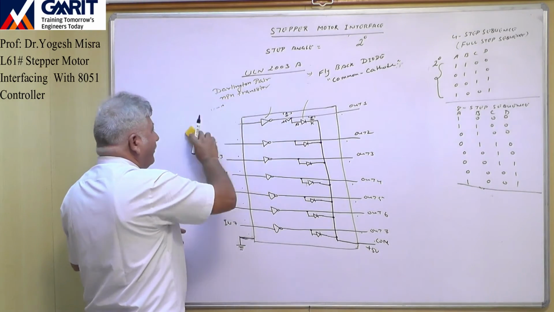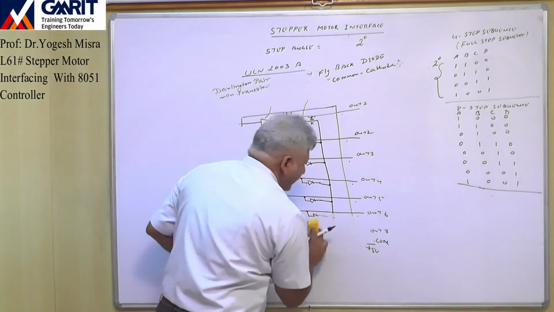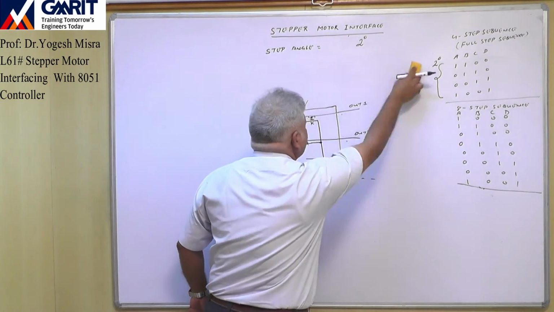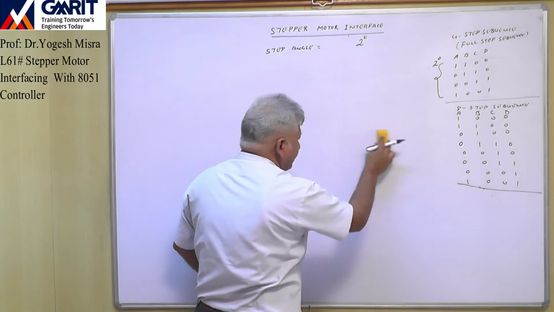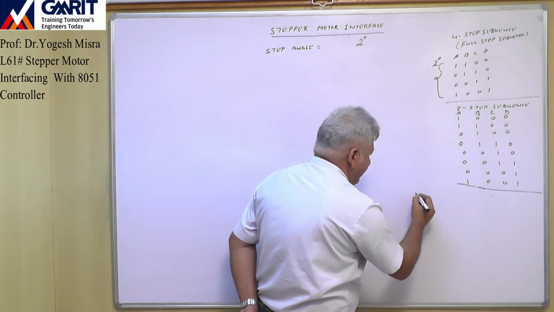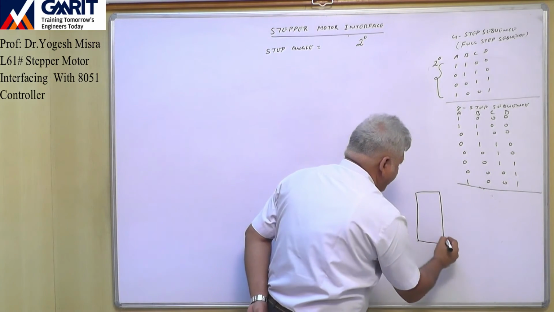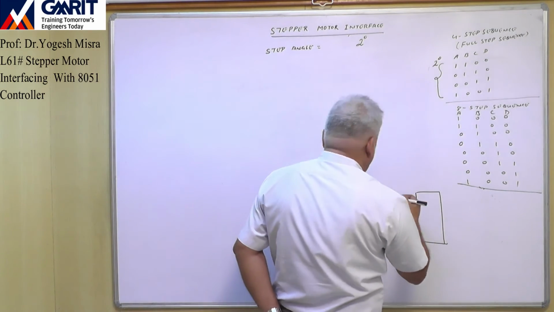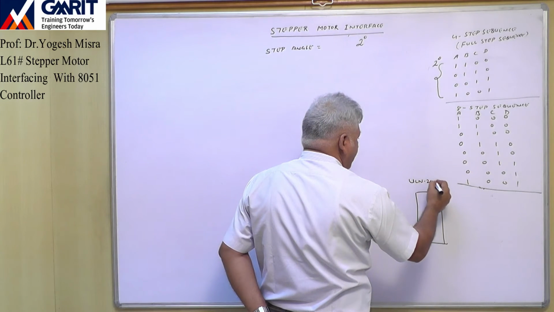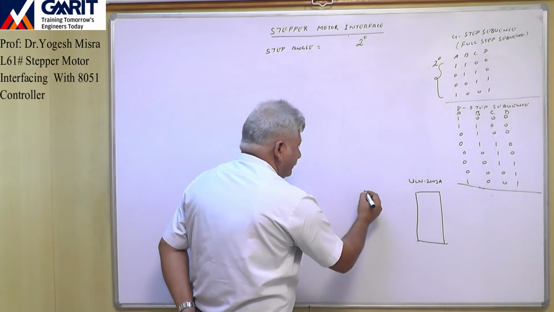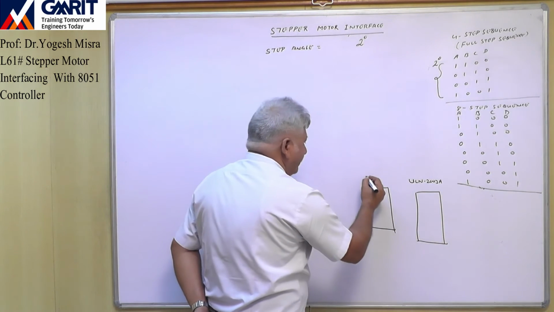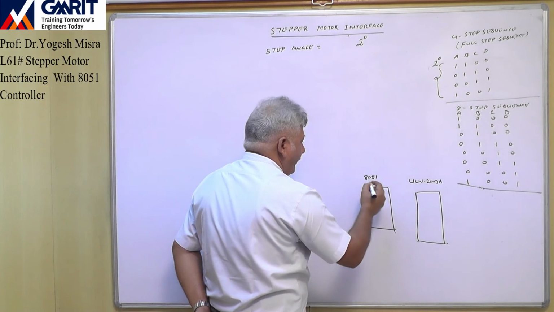So I will draw a smaller diagram so that I can write the code also. I will draw here. So this is our microcontroller, the 8051. Now we will take the ULN2003A.